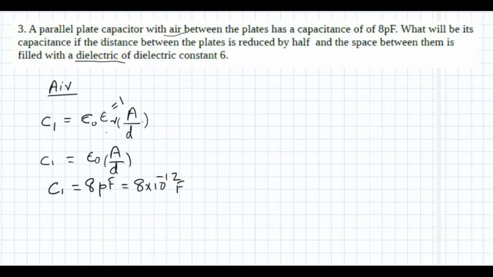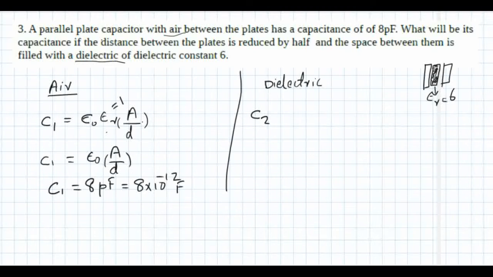Then there is a second case. It is filled with a dielectric material. So the space between the plates of the parallel plate capacitor is filled with a dielectric, and the dielectric constant of this material is epsilon r equal to 6. This is the second part, and let C2 be the capacitance in this case.